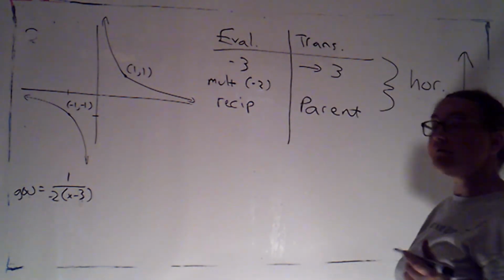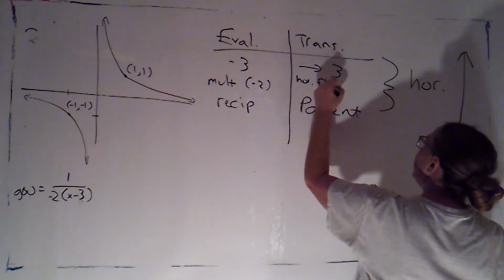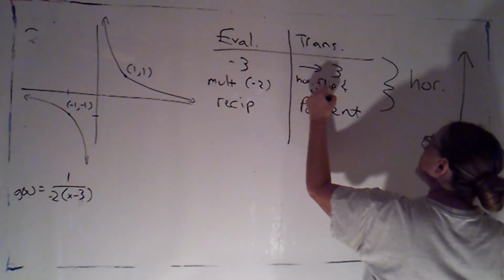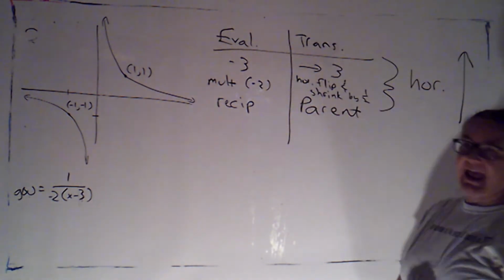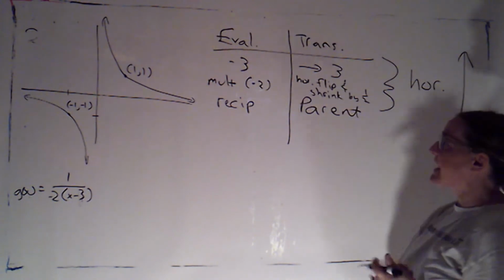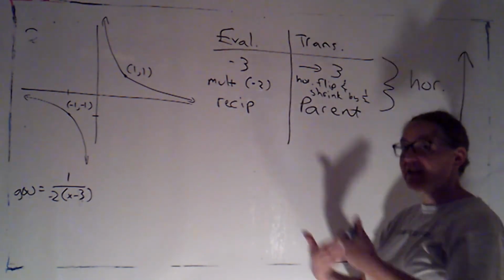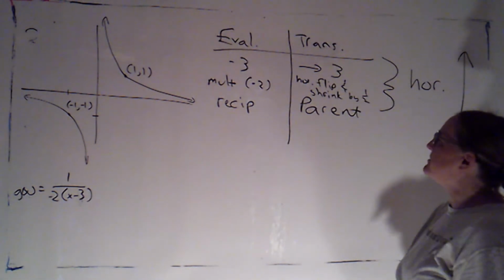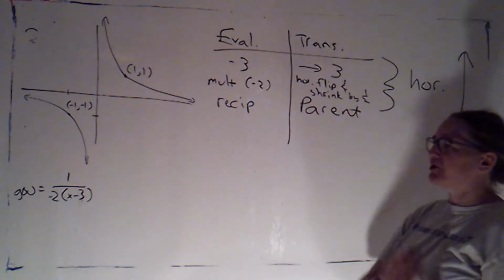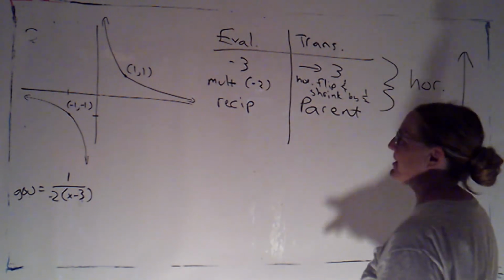Multiplying by -2 is going to be a horizontal flip and a shrink by a factor of 1/2. If I wanted to do that as 2 separate steps, I could, because I'm multiplying by -1 and by 2. -1 accomplishes the flip, 2 accomplishes the shrink, but since they're both accomplished by multiplication, I find it simplest to just do those at the same time.